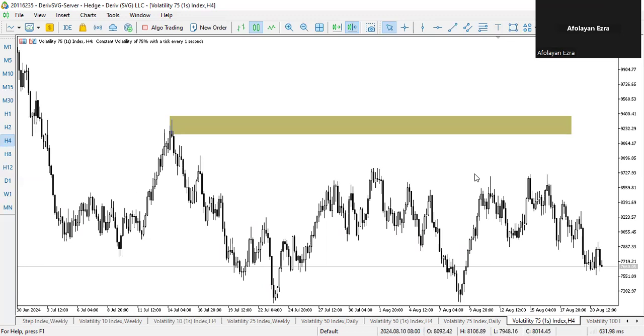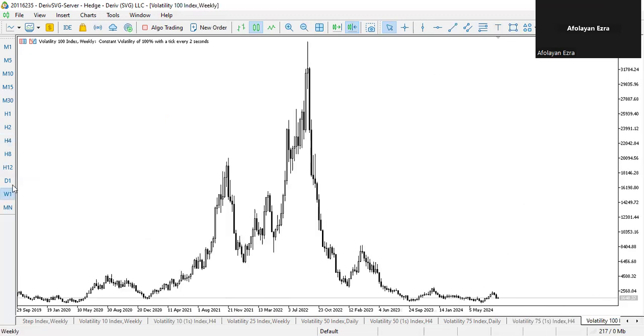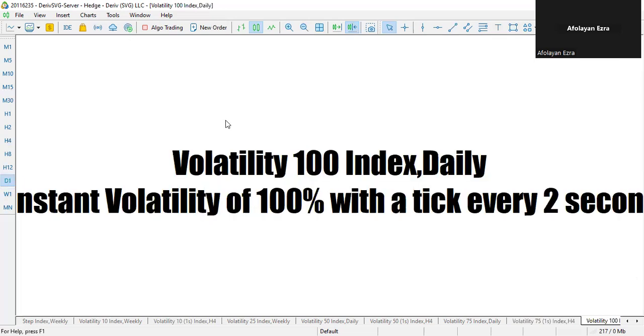So let me proceed to VIX 100. All right, so VIX 100 daily. Let's see what is there. I think this is taking too long.